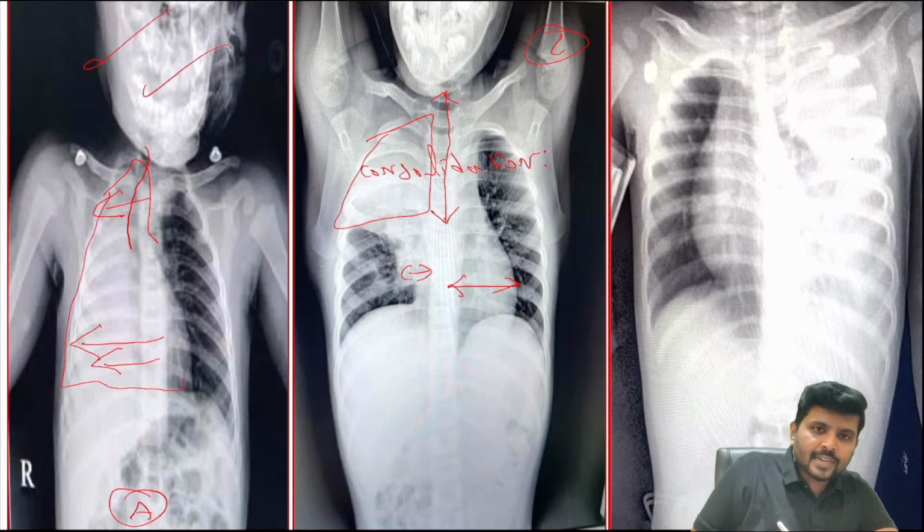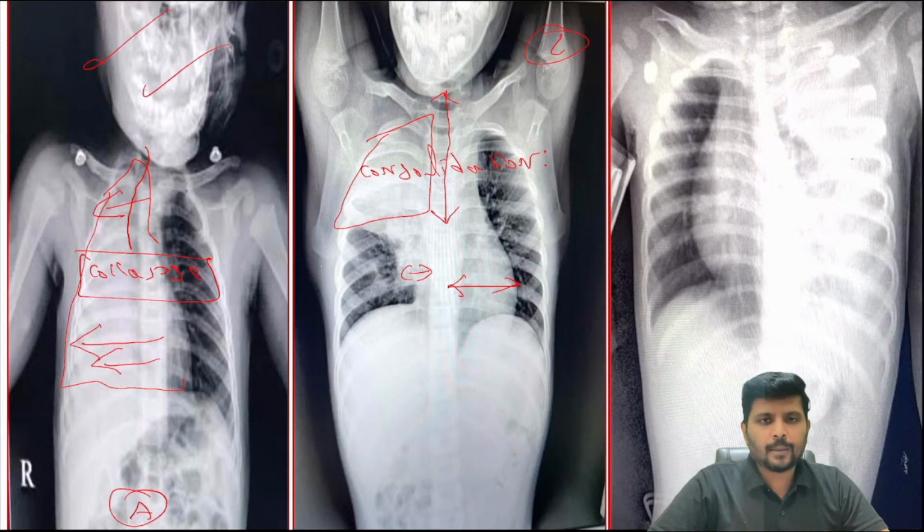Whereas whenever there is heterogeneous opacity along with pulling to the same side, it is called collapse. So this is collapse and this is consolidation. Collapse: pulled to the same side. Consolidation: central, no pull or push.